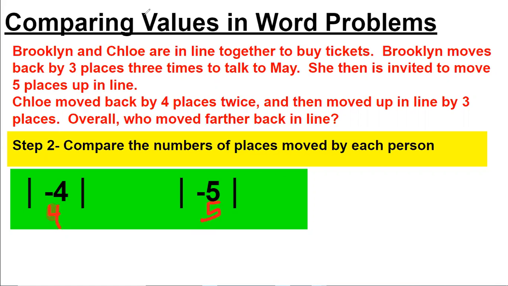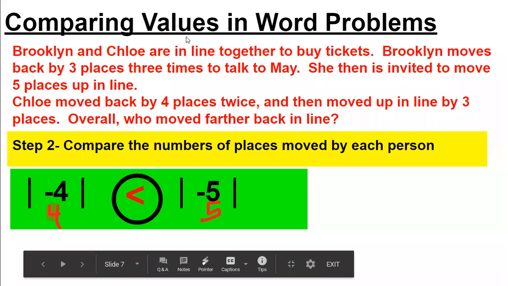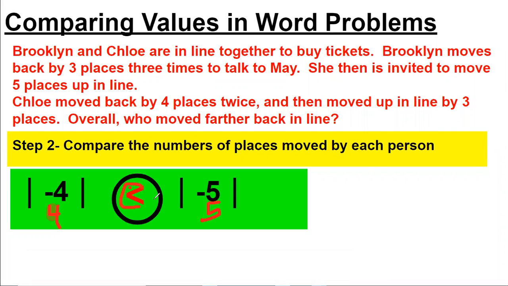That was something we covered last year in 6th grade. We'll figure out if we need a greater than, a less than sign, or an equal sign. The mouth opens to the bigger number. In our case, the absolute value of -5 is greater than the absolute value of 4.